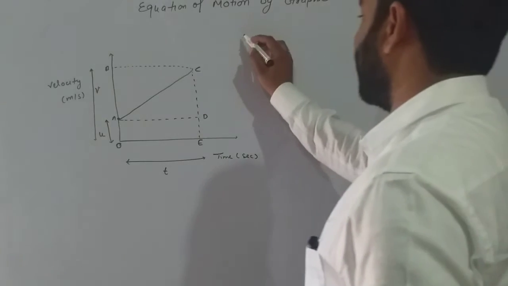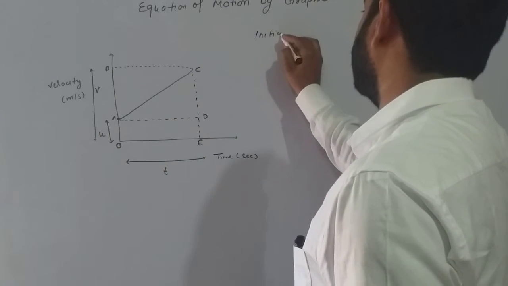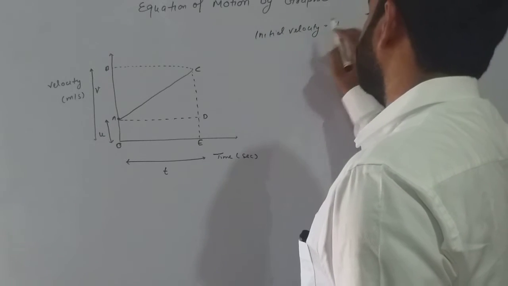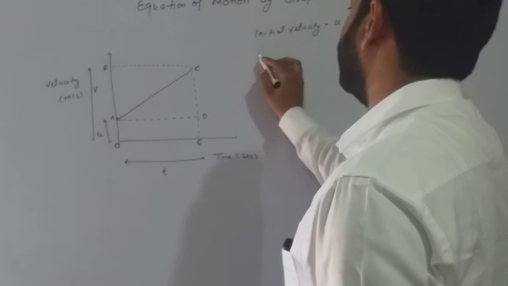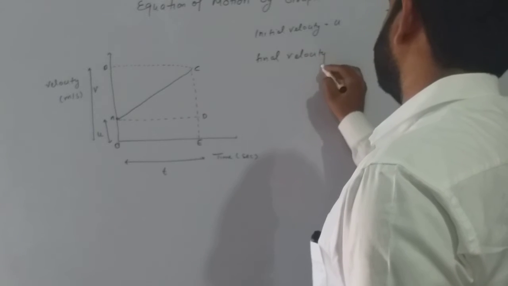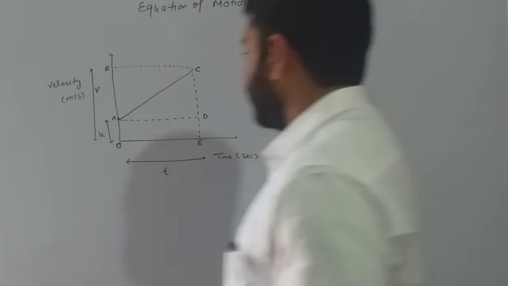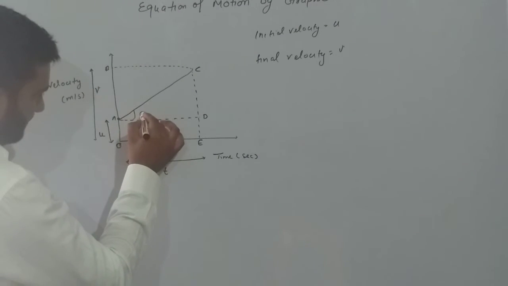Dear students, I say the object has some initial velocity, so initial velocity is equal to u. And in time t, the body attains final velocity, so final velocity is equal to v. Dear students, it makes an angle theta.